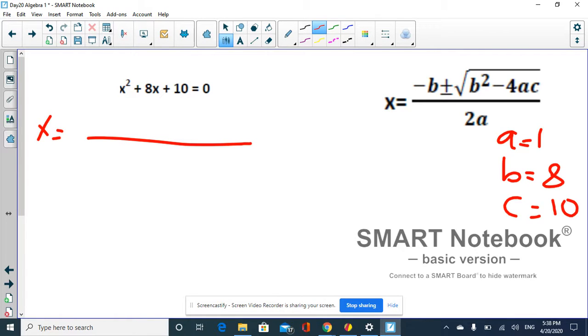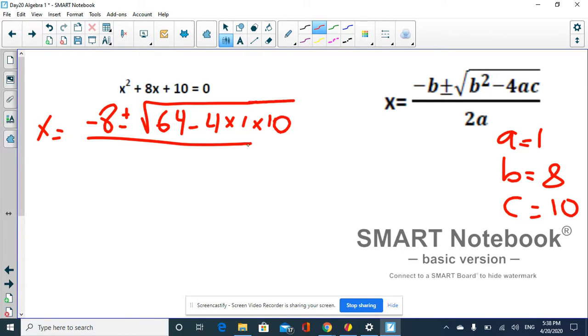Negative b, b is 8, so negative b is negative 8, plus or minus the square root of b squared, which means 8 squared, 64, minus 4 times a, 1, times c, 10. Down, we'll put 2 times a, which is 2 times 1. Simplify all these numbers.